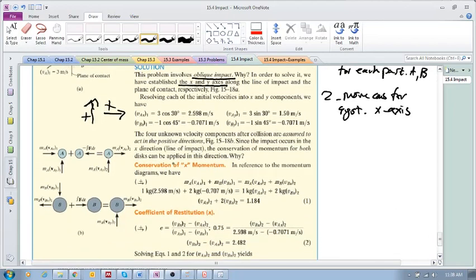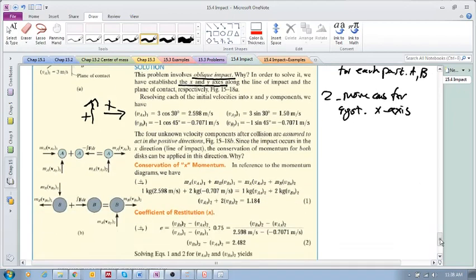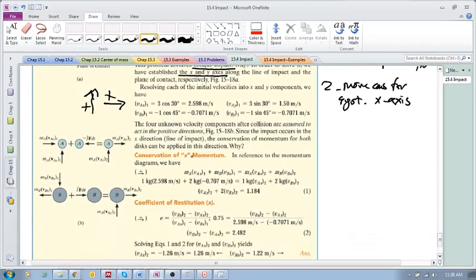Now, I've mentioned this. We have conservation of momentum along the line of impact. Why is that? Because the impulses act along the x-axis, and if we consider the system, they're internal. So momentum is conserved in the x direction.